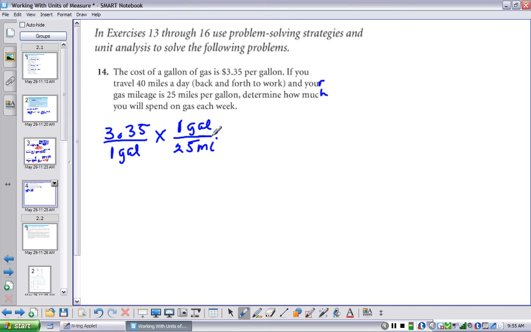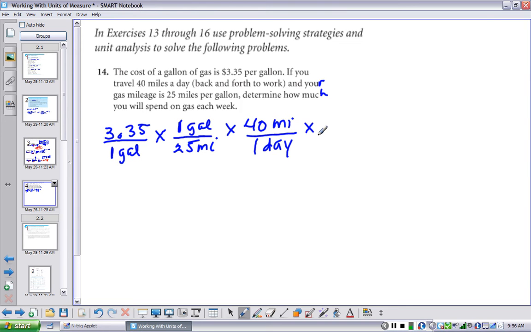But we need to go a step further, because it says she travels 40 miles a day. So we got 40 miles per 1 day. How much will she spend in a week? Now, one thing that we need to assume in this problem, which they don't tell you, is that a work week is 5 days.